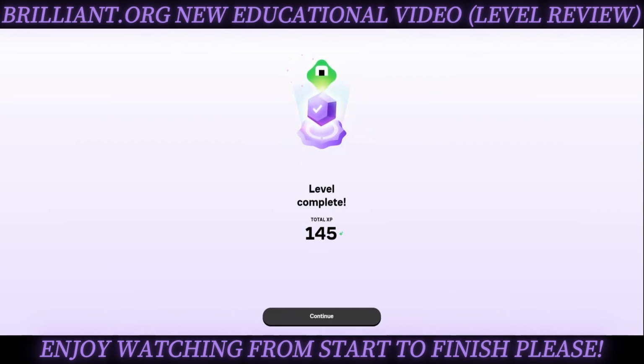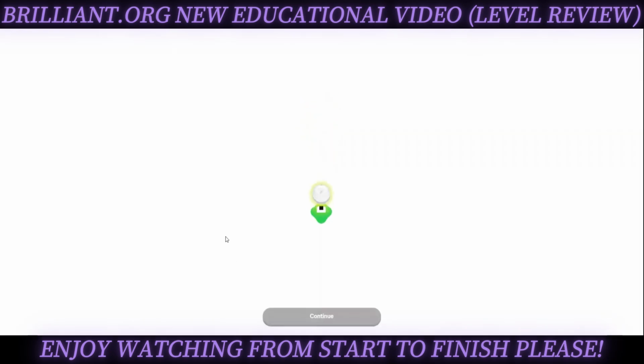How many XP have I gained? 145. That's incredible. Completing this level 2 chapter from Thinking in Python so far. Yes, the green icon is about to turn up. Okay, it turns but the number doesn't turn, but that's all right. Continue.